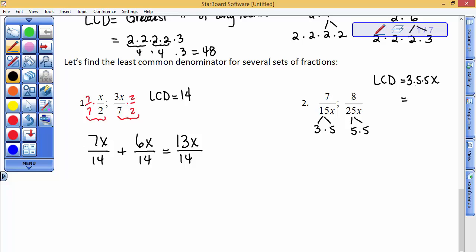So it ends up being 75x is the least common denominator. Again, if there's just numbers, you could list multiples of 15, 30, 45, 60, 75. Then multiples of 25, 50, 75. And that will help you find the common denominator as the numerical values go.